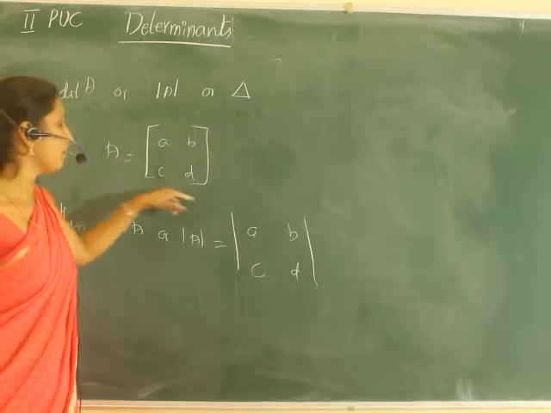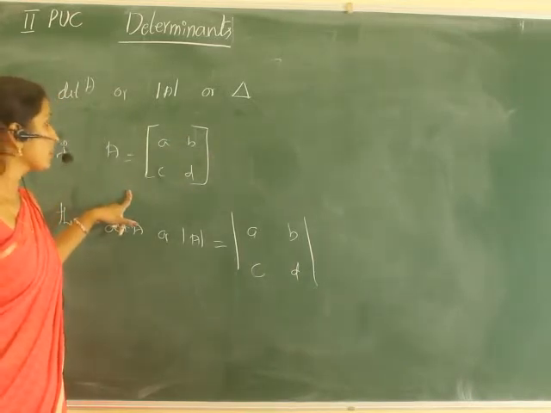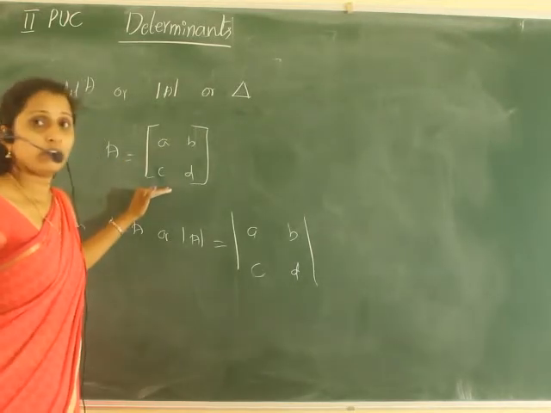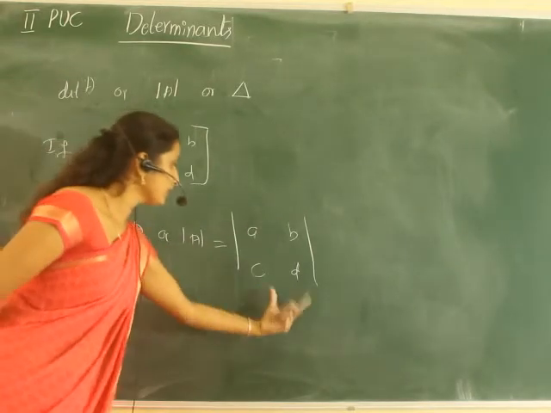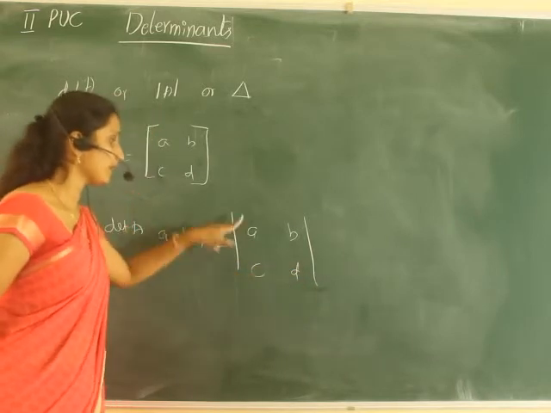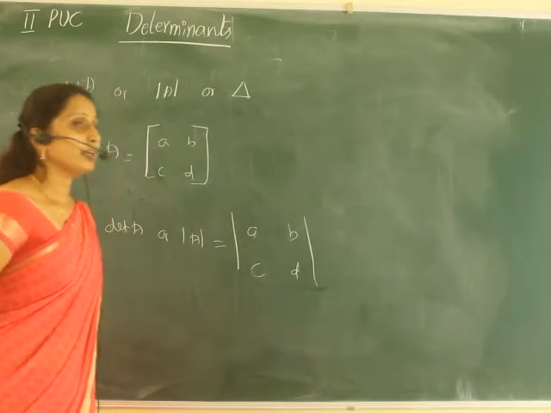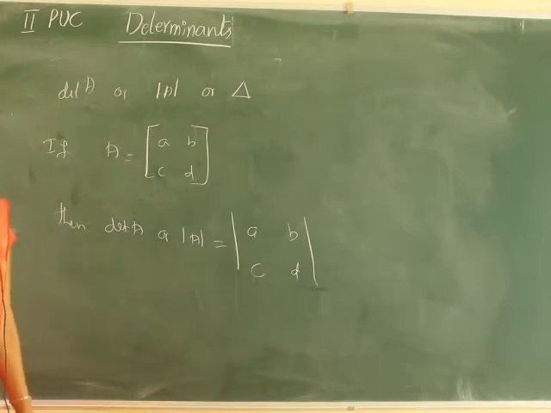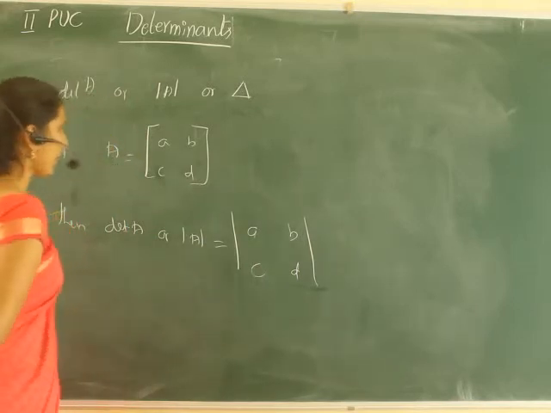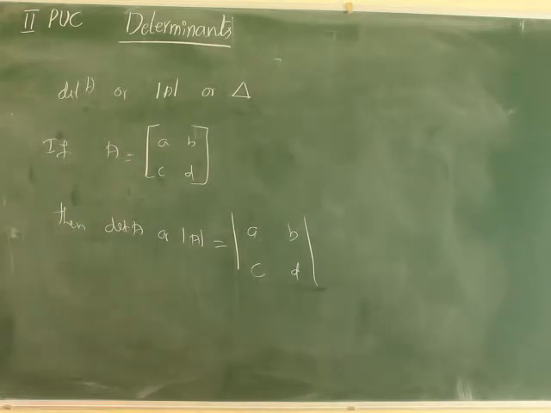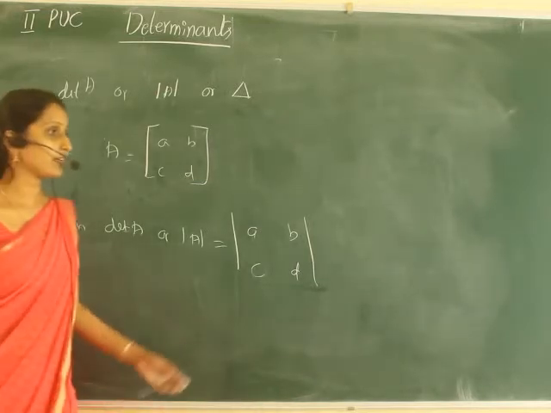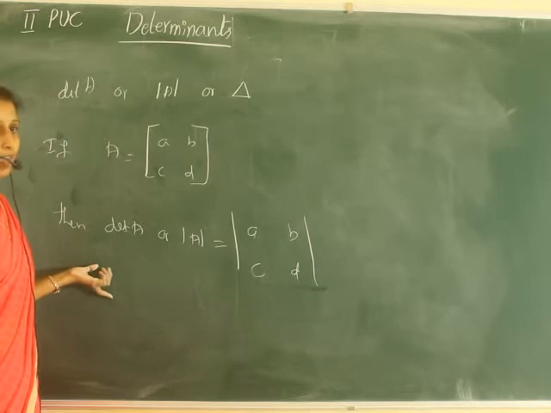Whenever the square bracket is given, that is the matrix. Whenever it is given with the modulus sign, it is called the determinant value of the given matrix. And this determinant can be calculated only for a square matrix. Already I have told you, so you can make a note: only square matrices have a determinant value.